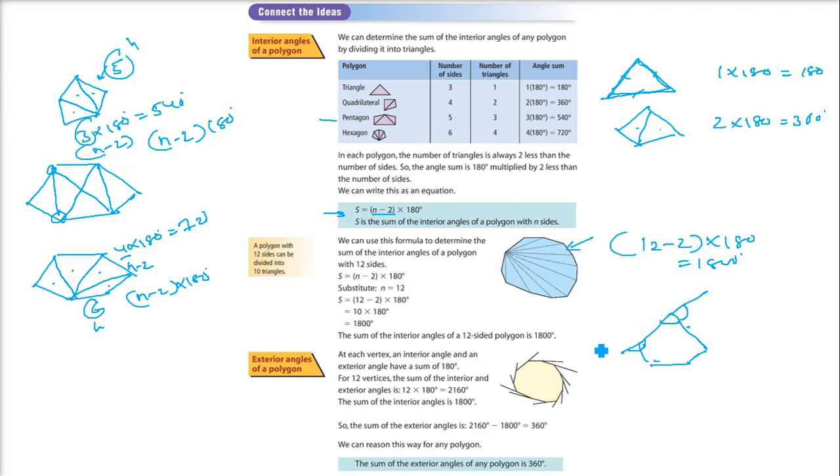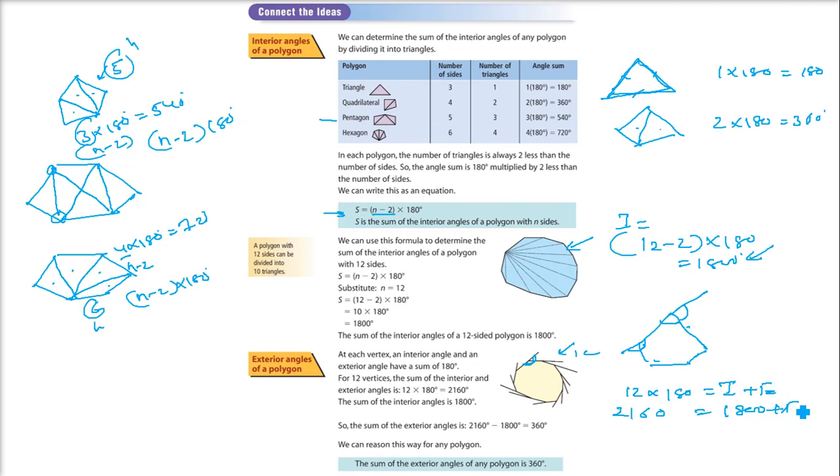So let us take an example of 12. We have 12 sides here. Every side will have an exterior and interior angle. So 12 into 180 degree will be the sum of interior plus exterior angles. So 12 into 180 is 2160. But we just found that the sum of interior angles for a 12 sided polygon is 1800.